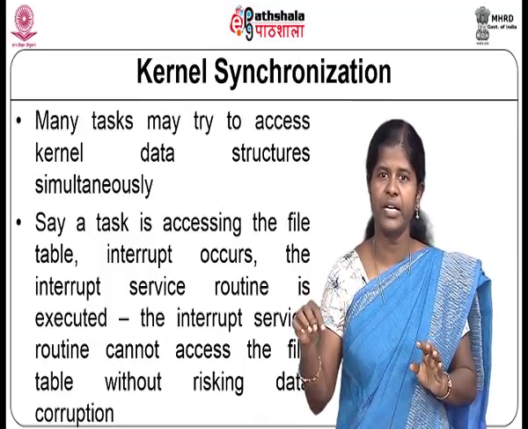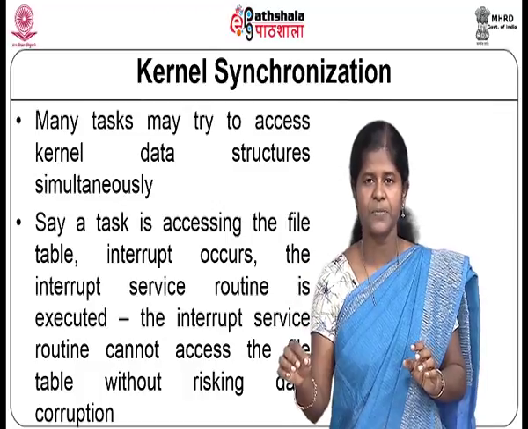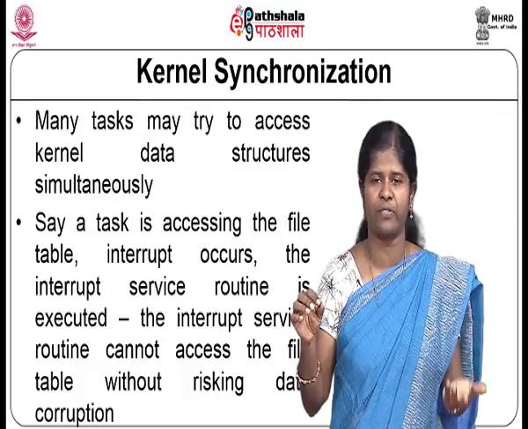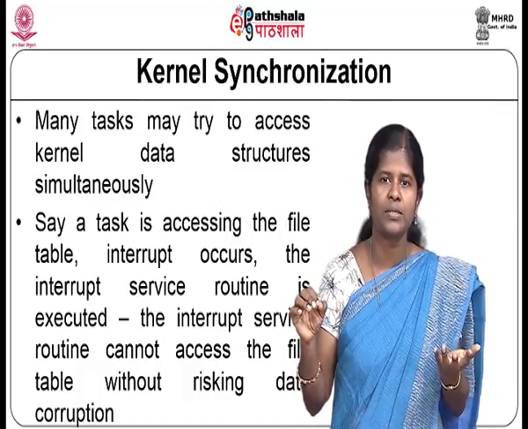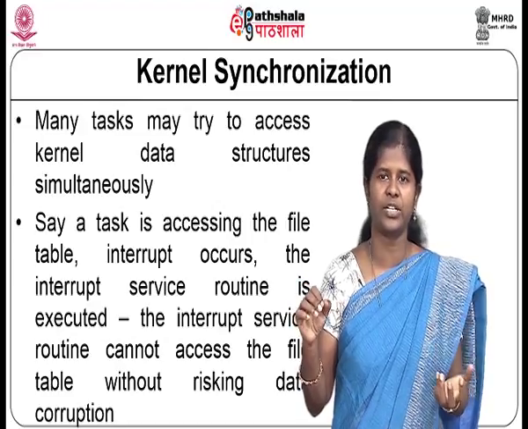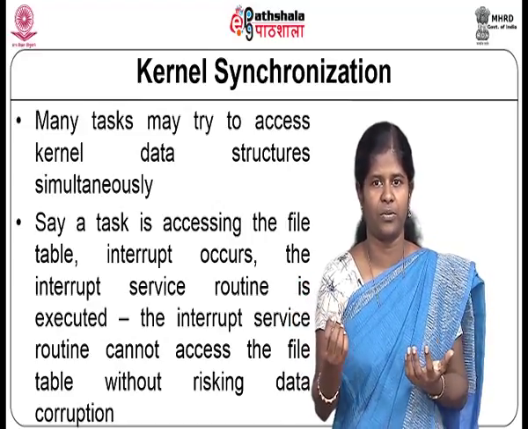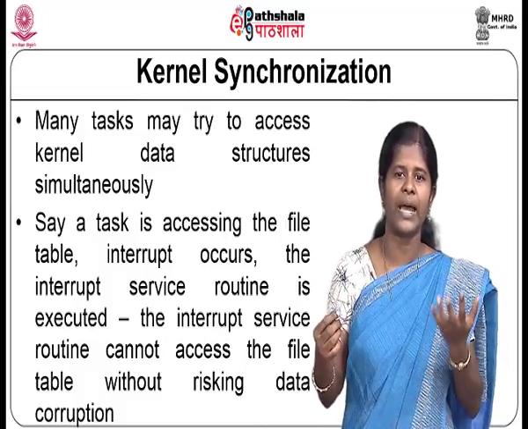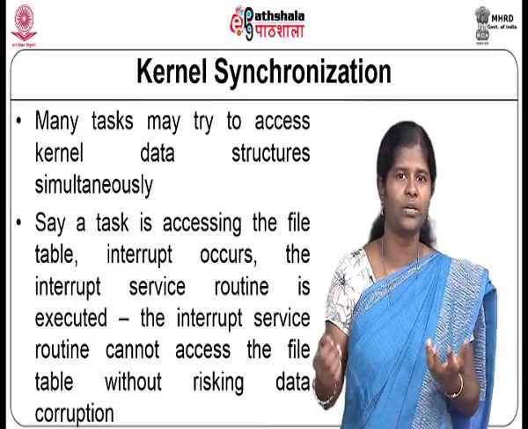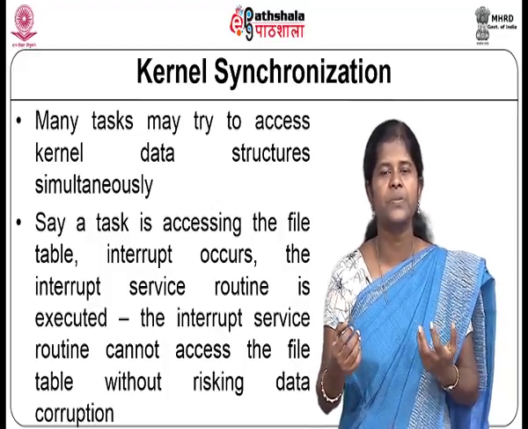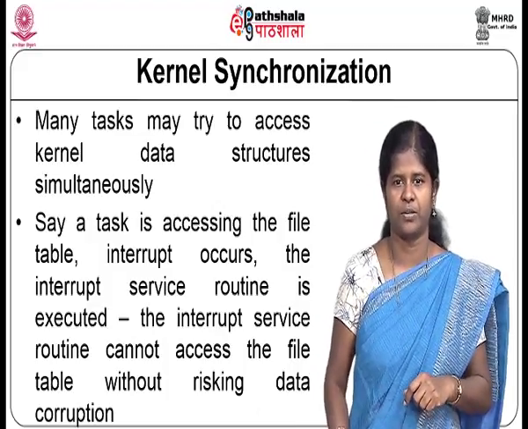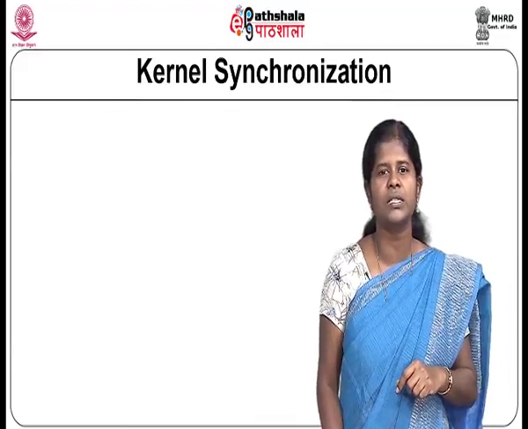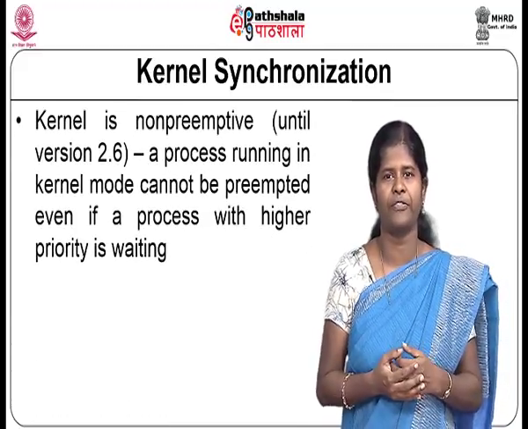As a part of the interrupt service routine, if it wants to access this file table that was being used by another task, that should not be allowed. If it is allowed to access the file table, then it may result in data corruption. So, how do we ensure this? How is this taken care of?